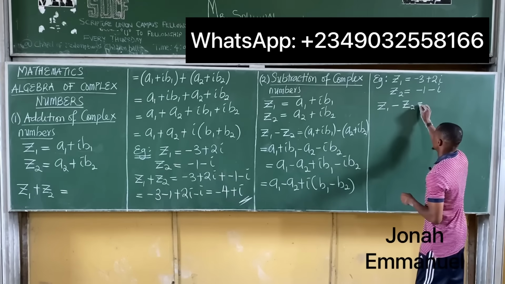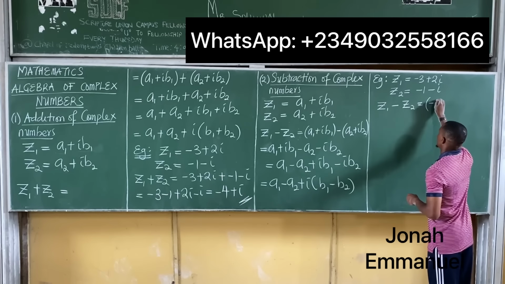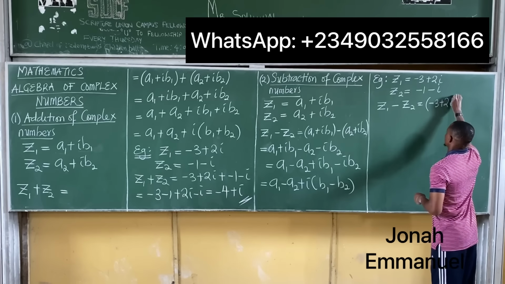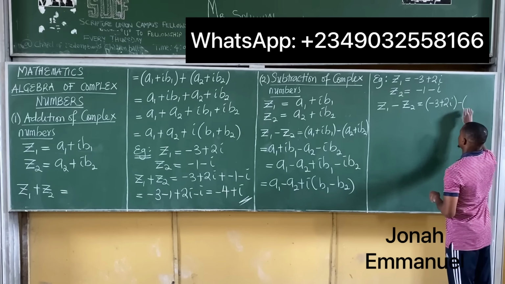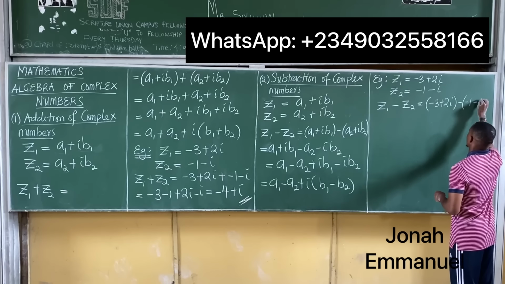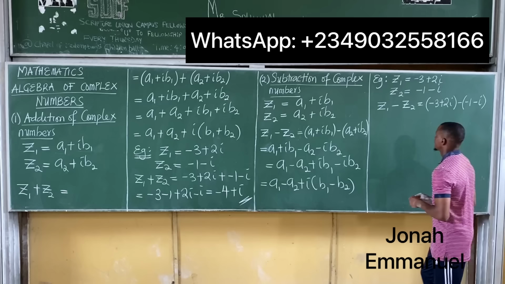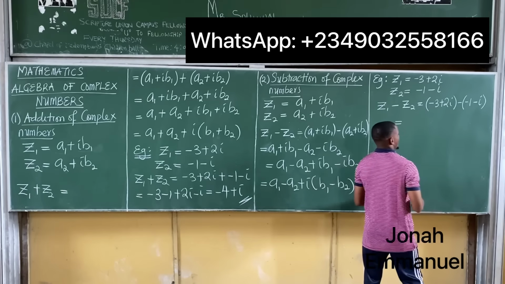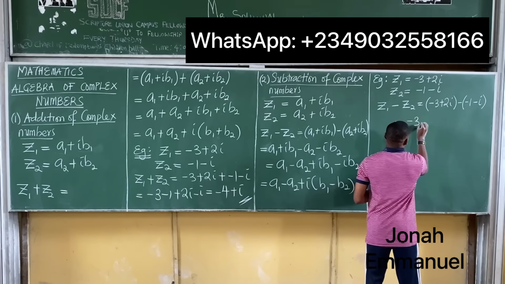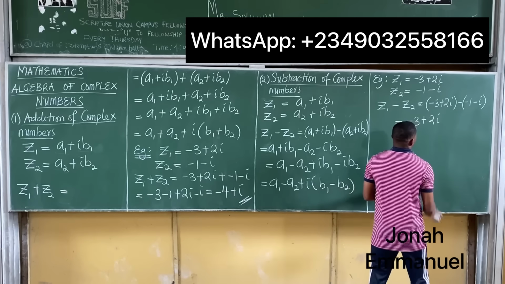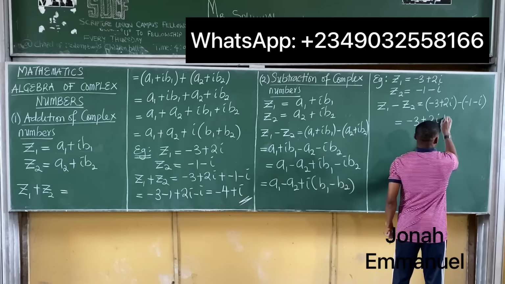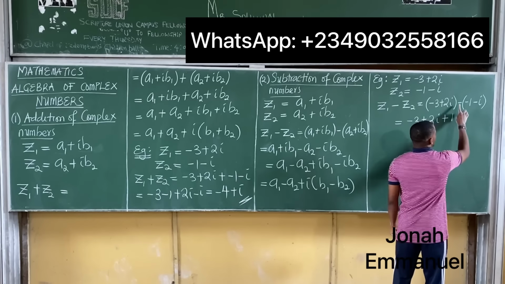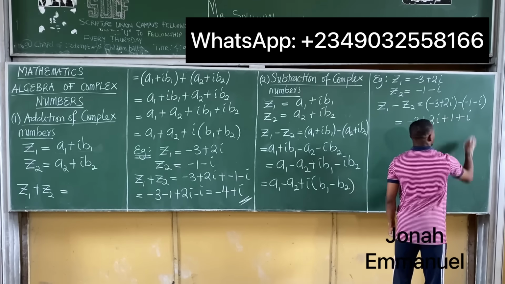That's equal to minus 3 plus 2i minus, minus 1 minus i. If I expand the bracket, it gives minus 3 plus 2i, minus minus is plus 1, minus minus is plus i.